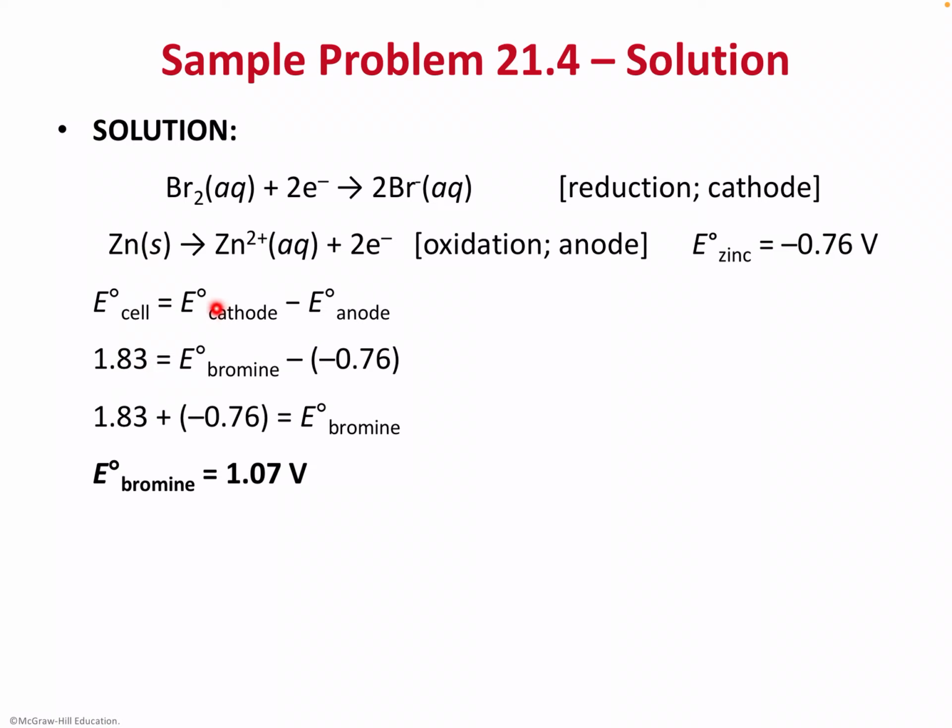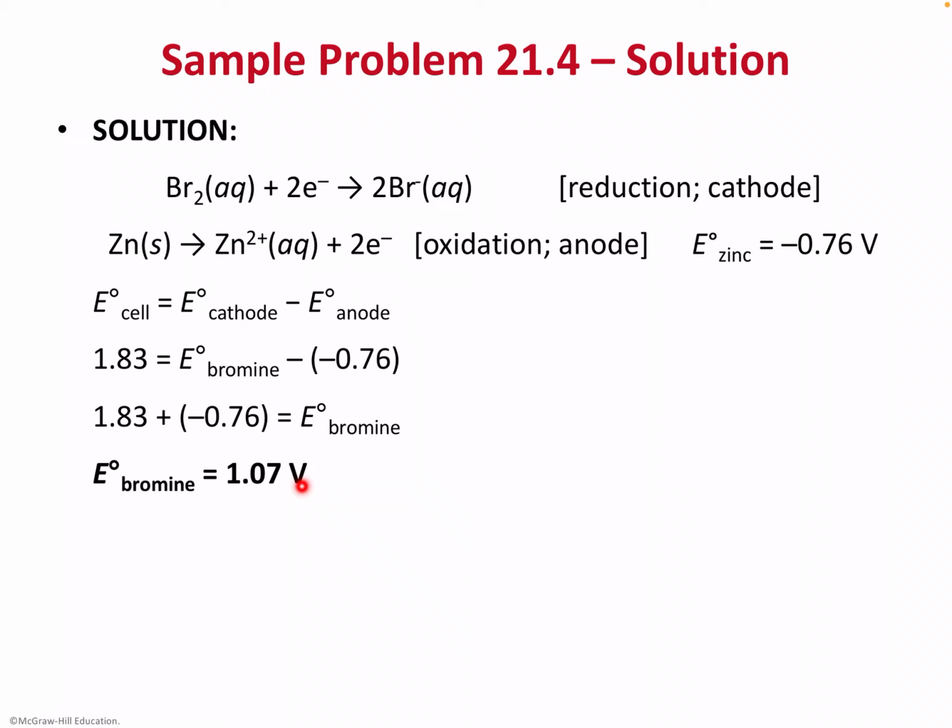What we want to find out is the cathode, which is for the bromine. The anode value is given as negative 0.76, so you put that number here. Negative will make it positive, right? So 1.83 plus negative 0.76 equals E0 bromine. It's basic math, okay? So E0 bromine would then be 1.07 volts.